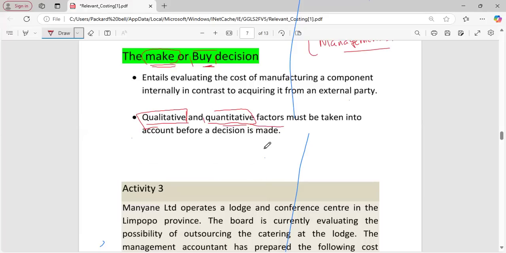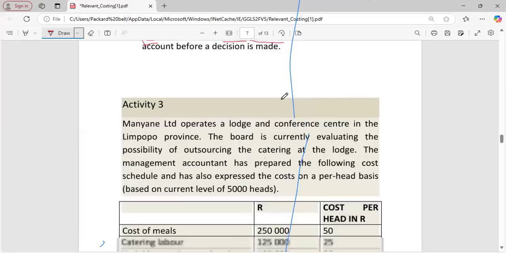Right? So here we are going to compare whether we have to manufacture or acquire it from the external part. I want us to do a question on this.